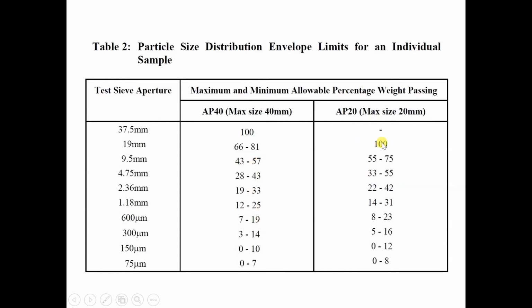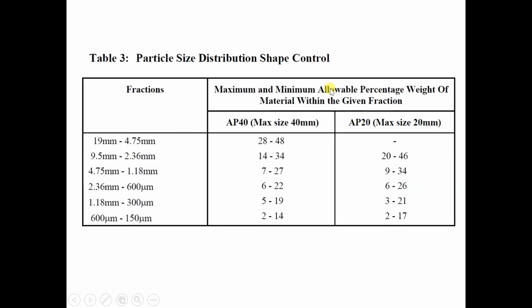The right hand side is for the AP20. And for the shape control, from the 19 mm sieve, they have a range of how much is from 4.75 to 19 mm. It must have this amount, and so on. So this is the percentage requirement for this range of sizes.